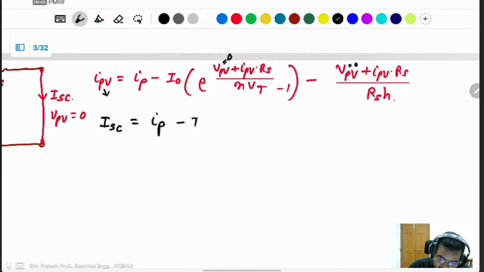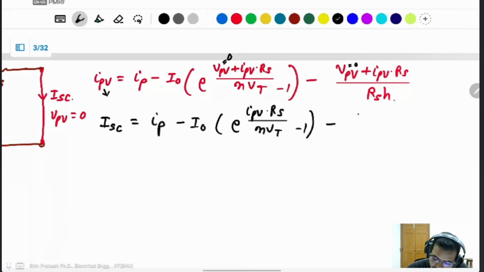IPH minus I naught times e to the power IPV into RS divided by NVT, minus 1, this will be 0, and IPV is the same as the short circuit current. And the same thing, this will also be the short circuit current.